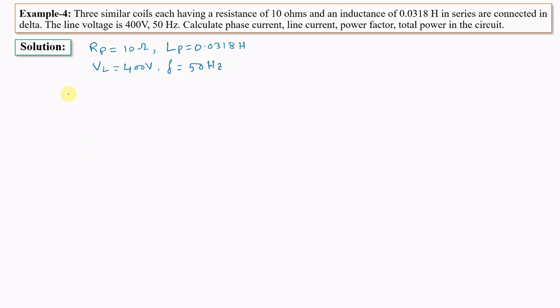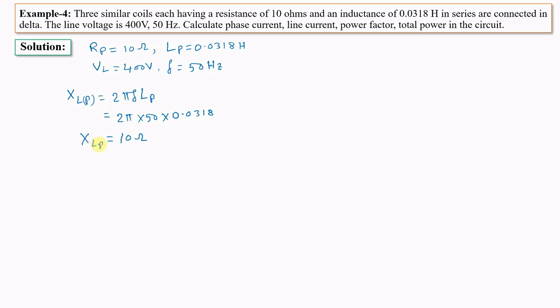So first of all, we can find the inductive reactance per phase, and it is 2 pi f L. So it will be 2 pi into 50 into 0.0318. We'll get the value of the inductive reactance as 10 ohms.